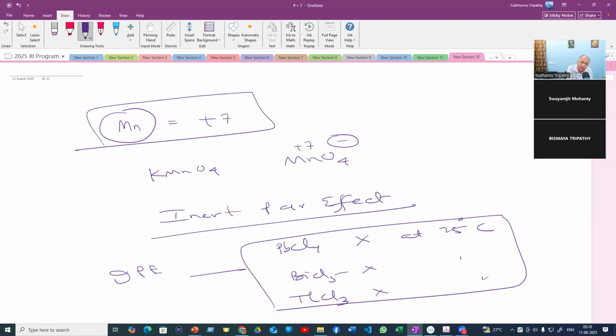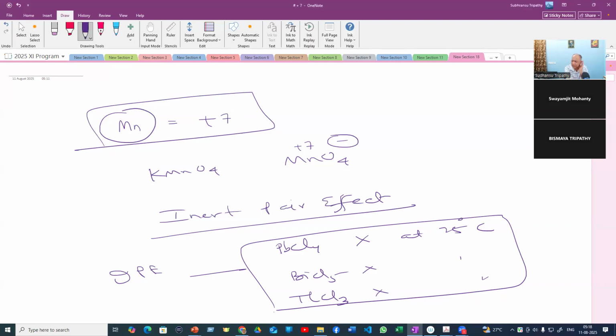Then I will ask, why? Again, why? Because the bond energy that is formed after bonding cannot adequately compensate for the excitation energy from the ns to the vacant np level. But the actual cause that has been found is the relativistic contraction effect, which we cannot write at this stage.